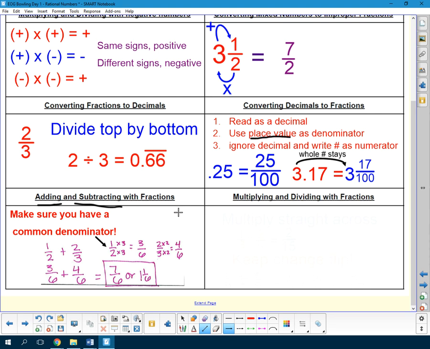I know 2 goes into 6 3 times, and 3 goes into 6 2 times. So I took 1/2 and turned it into 3/6, and then I took 2/3 and turned it into 4/6. Then I can just add 3/6 and 4/6 together. I can add across the top and keep the denominator. It's the same thing as 7/6 or 1 1/6.